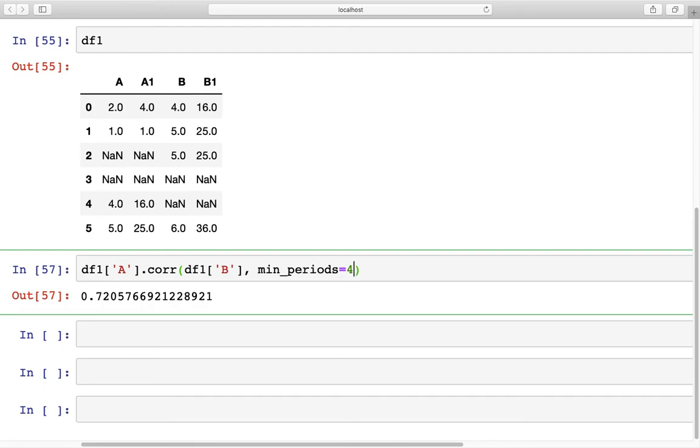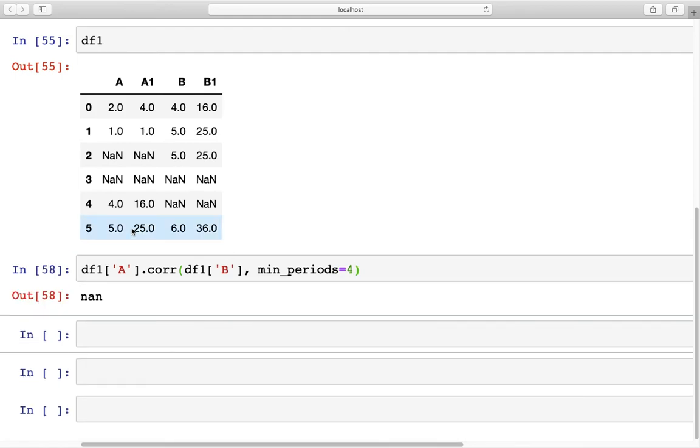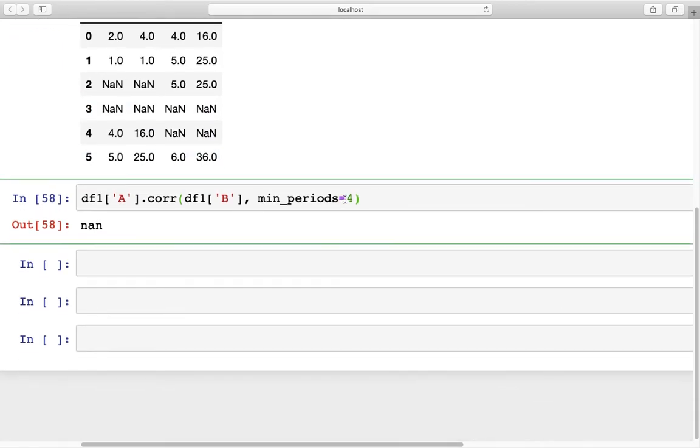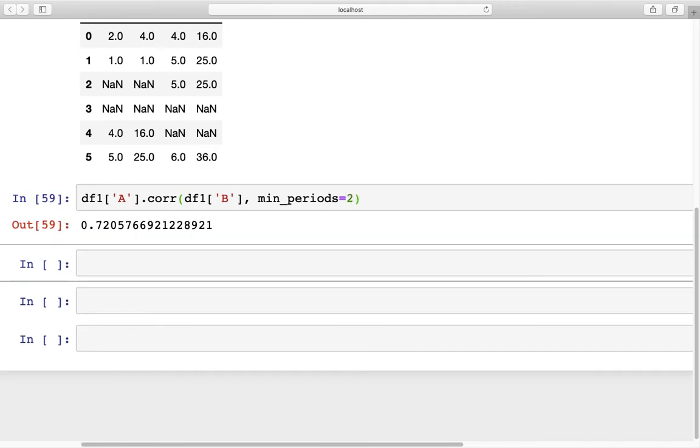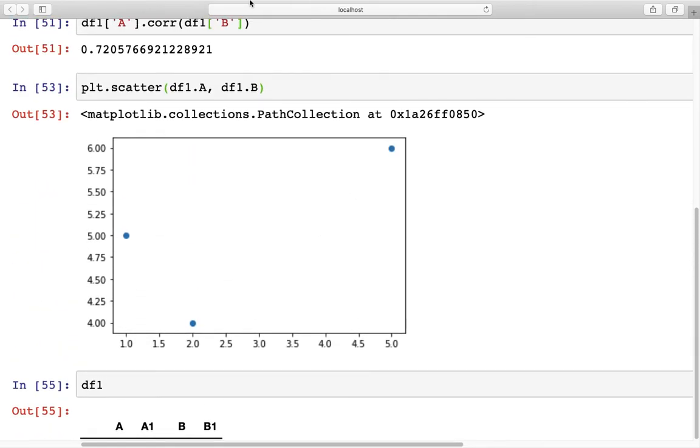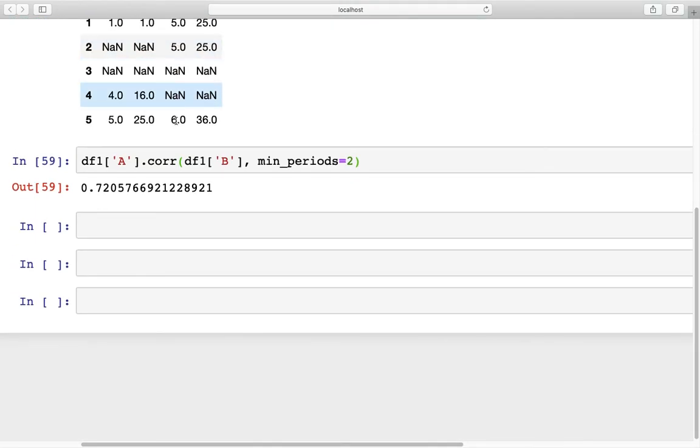But if we put 4, we are going to get a NaN, because there are only 3 rows in which both A and B columns have values. Others either have a value in A and NaN in B, or vice versa, or both have NaNs. That's why a minimum period of 4 gives us NaN. But if you go back and put 2, then we do get the correlation value back, and it is the same as what we had before.